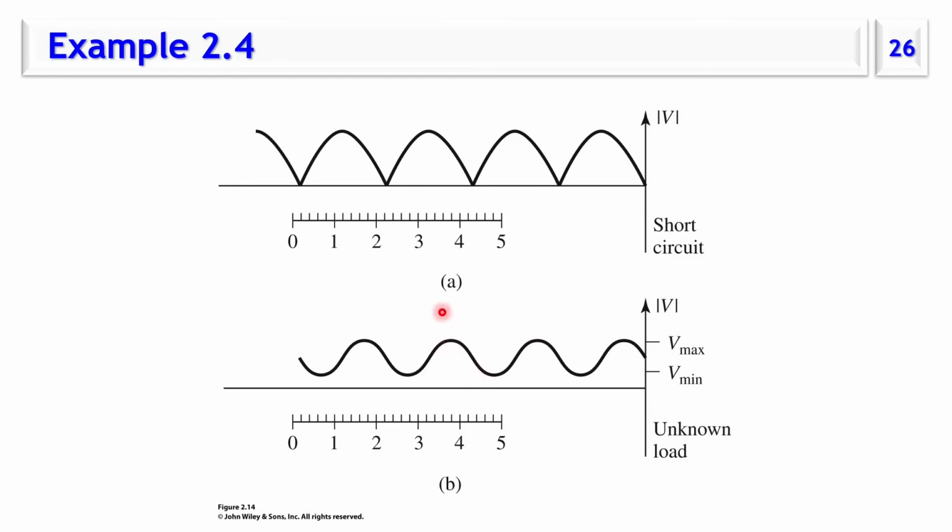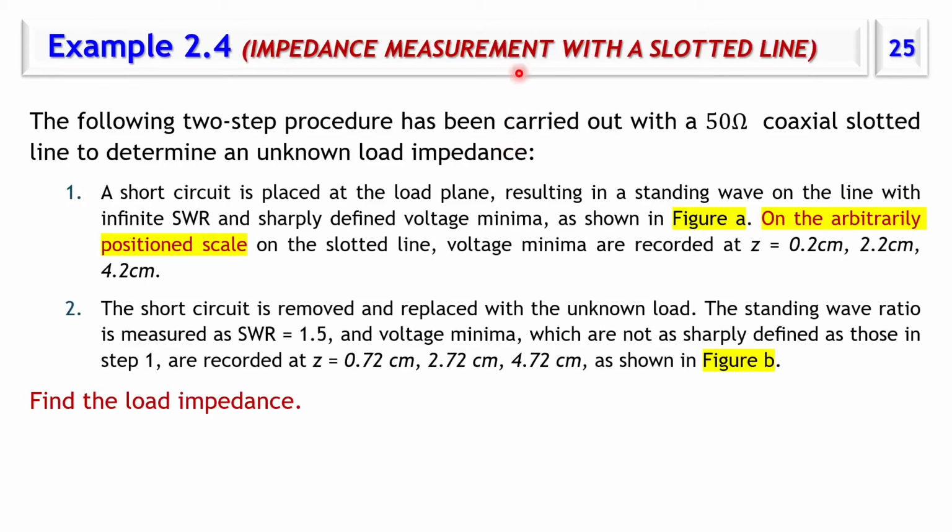We know the distance between a peak and a minimum is lambda by 4. If you remember on the Smith chart, the difference between maximum voltage and minimum voltage is 180 degrees, which corresponds to lambda by 4. When we have a short circuit, we find the minimum at 0.2 centimeter, 2.2 and 4.2.